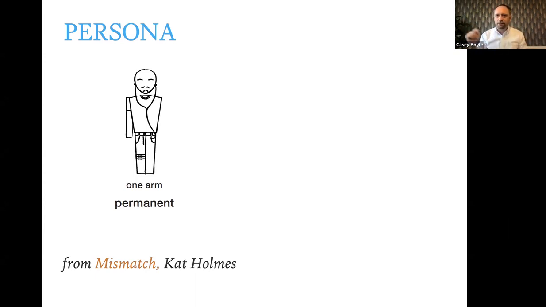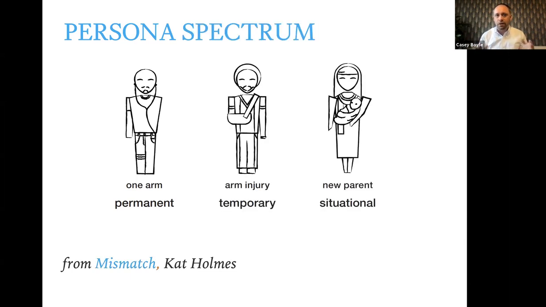How do I fix this for this one person, right? And what Holmes gives us instead is the idea of a persona spectrum. If you're designing an object or a document or a building, not to think about a person with one arm as if you're trying to solve their problem in the world, right? But to think about how disability itself is along a spectrum.